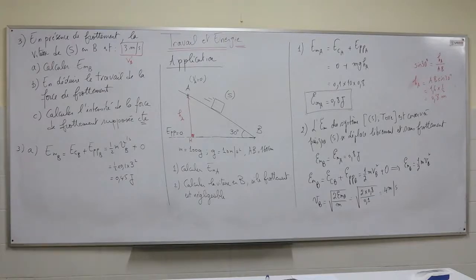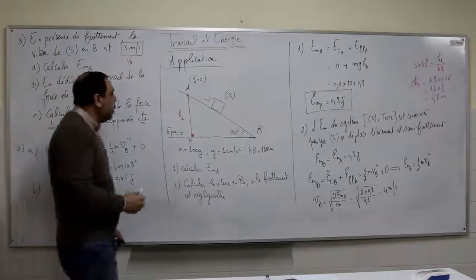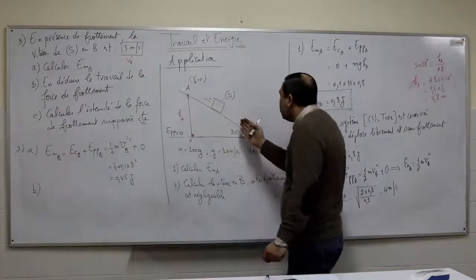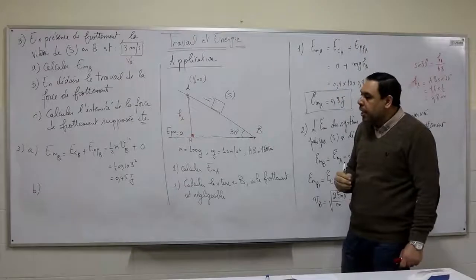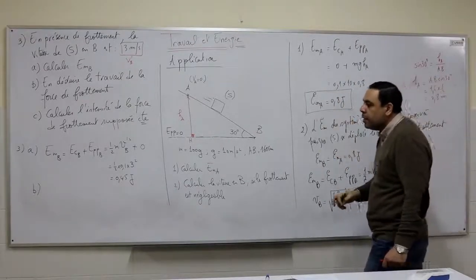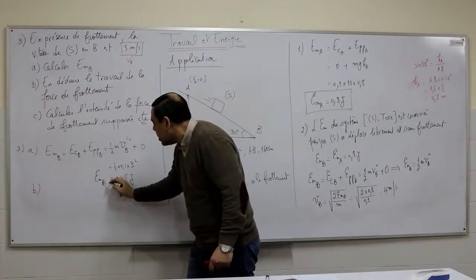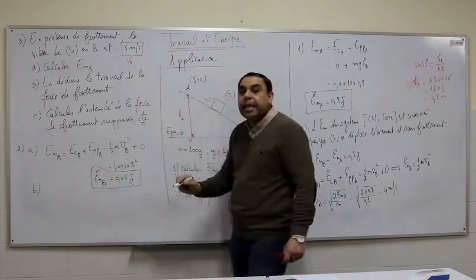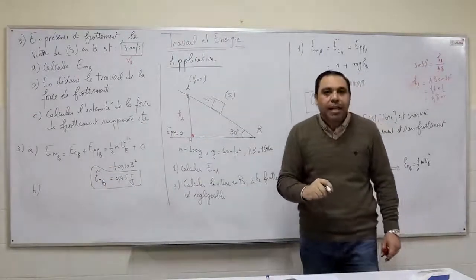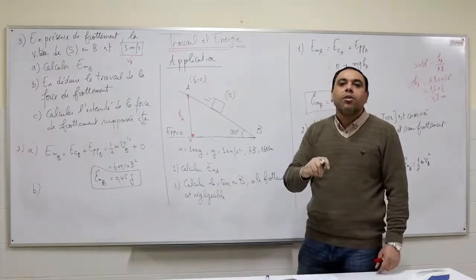Part B. Deduce the work of the force of friction. Note that S moves freely from point A to point B. The mechanical energy is 0.8 at A, and the mechanical energy at B is 0.45. There is a decrease in the mechanical energy. This decrease is transformed into a work of friction.